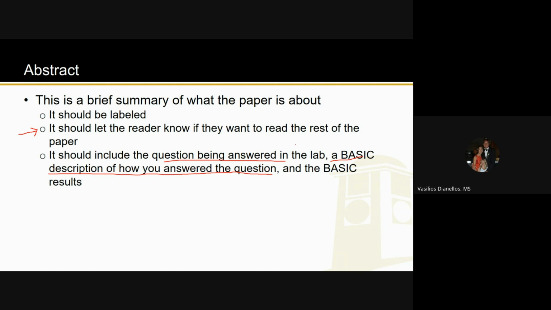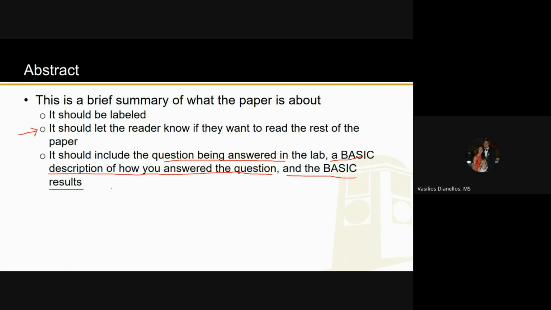And then you give the basic results. So again, using the same example, you would say, this is the question I wanted to answer. This is basically how we did it.